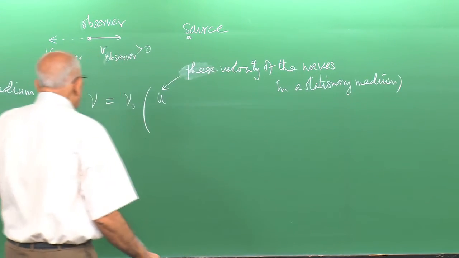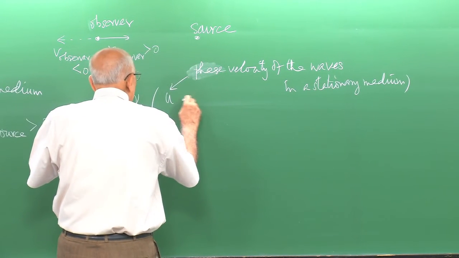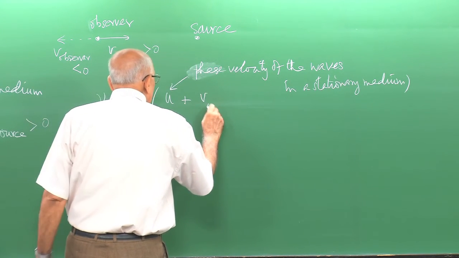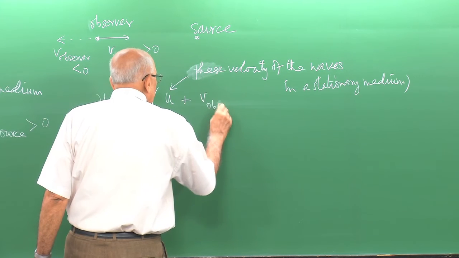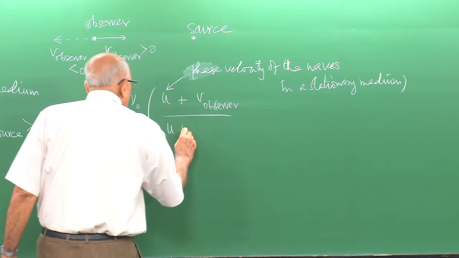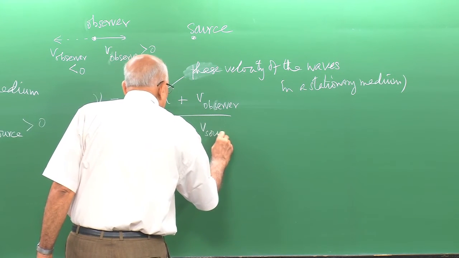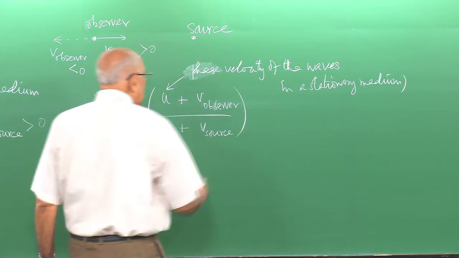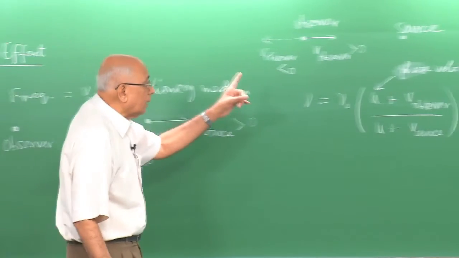Then the formula is u plus V observer divided by u plus V source. That is the general formula with these sign conventions.